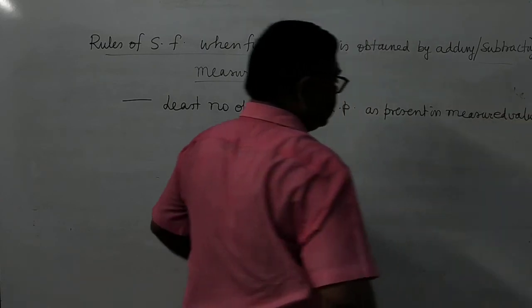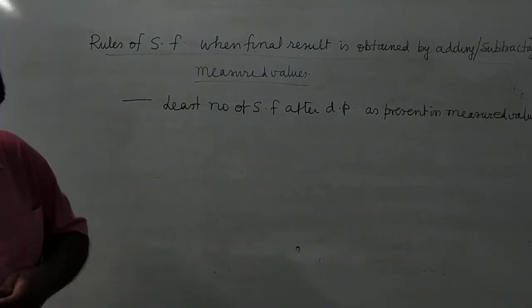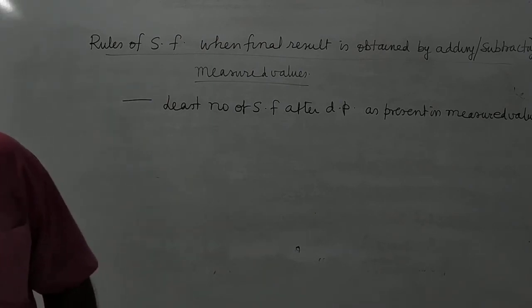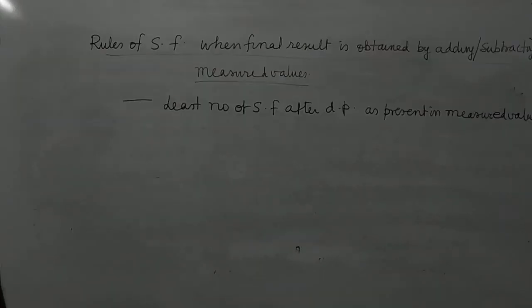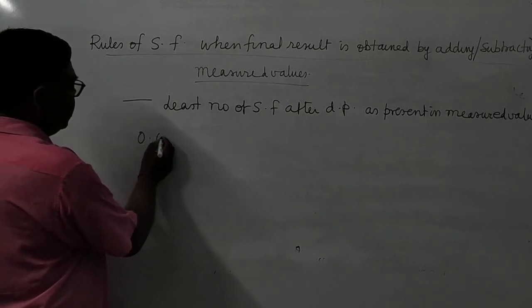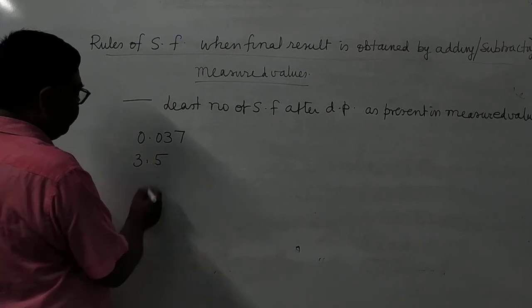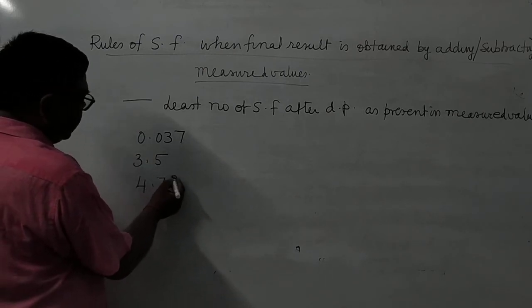Now see here. Suppose you have to add 0.037, 3.5 and 4.79.